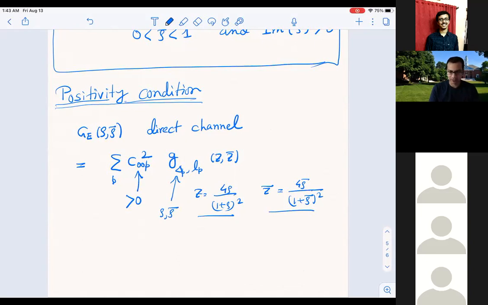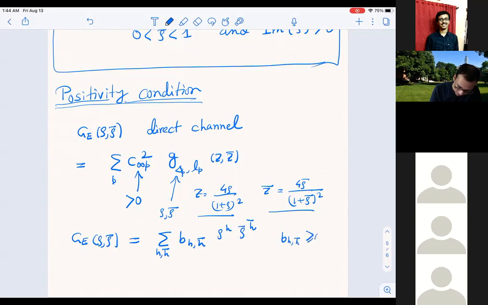This is a fact that anybody can check, and it follows simply from the conformal block expansion. From there, one can show something really nice: that this Euclidean correlator has a positive expansion. All of them are positive.